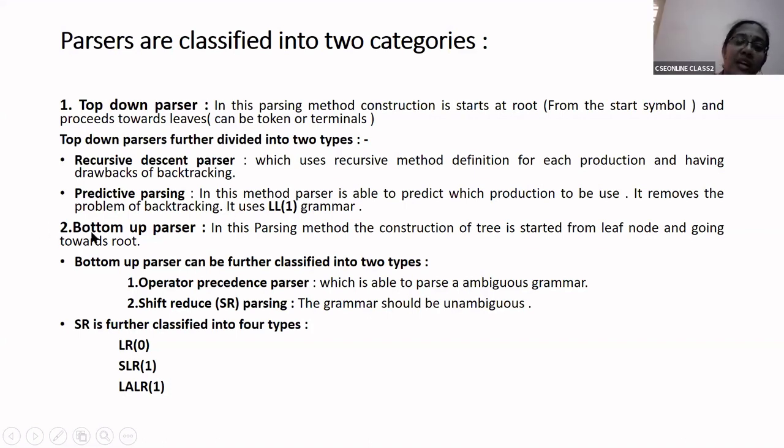And the second type was the bottom-up parser, which is further classified into two types: operator precedence parser, which is able to parse an ambiguous grammar, and the shift-reduce parser. In shift-reduce parser, the grammar should be unambiguous. And shift-reduce, that is SR parsers, can be further classified into 4 types. Here I have listed only 3 different types of SR parsers. You can just have a look at this.